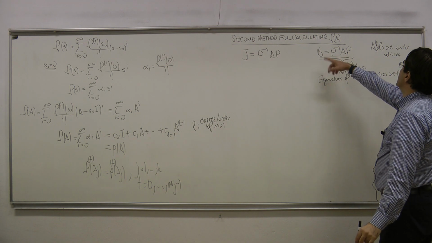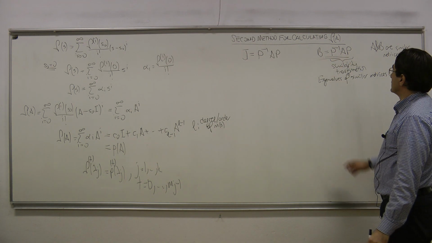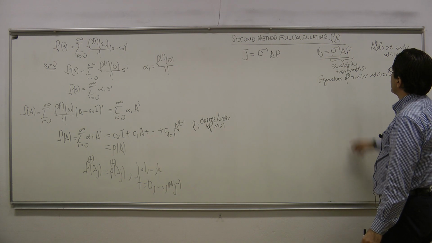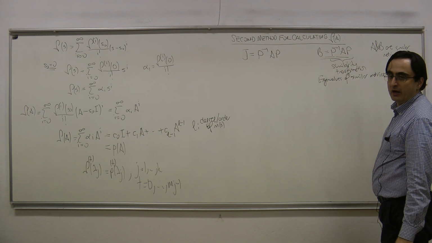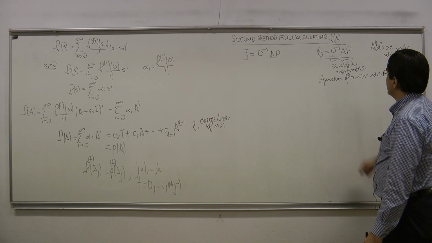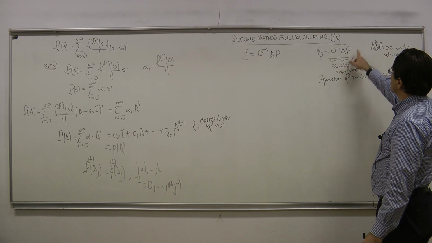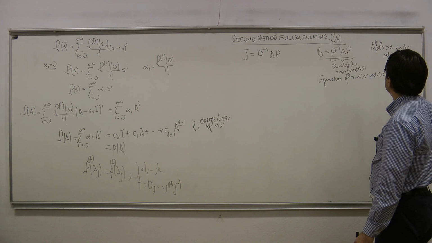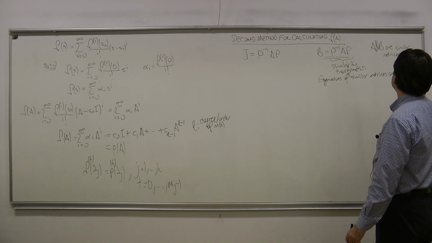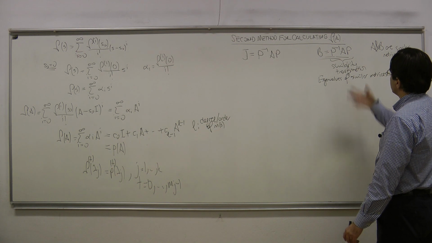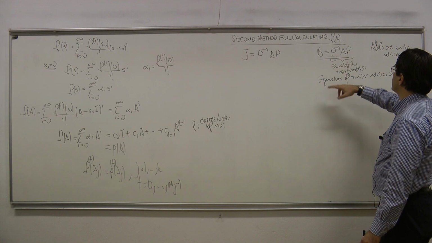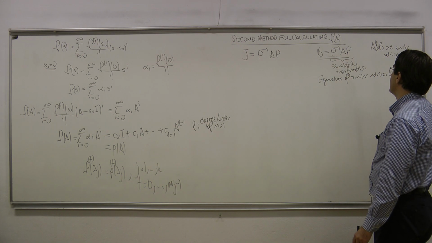So here, even if B is not in Jordan canonical form, the eigenvalues of A and B would be the same, whatever P is, as long as it is invertible. Okay? So any similar matrices, any two matrices A, B which are related with the same equation here, they would have the same eigenvalues. Of course, they can have different eigenvectors, but their eigenvalues are preserved under similarity transformation.